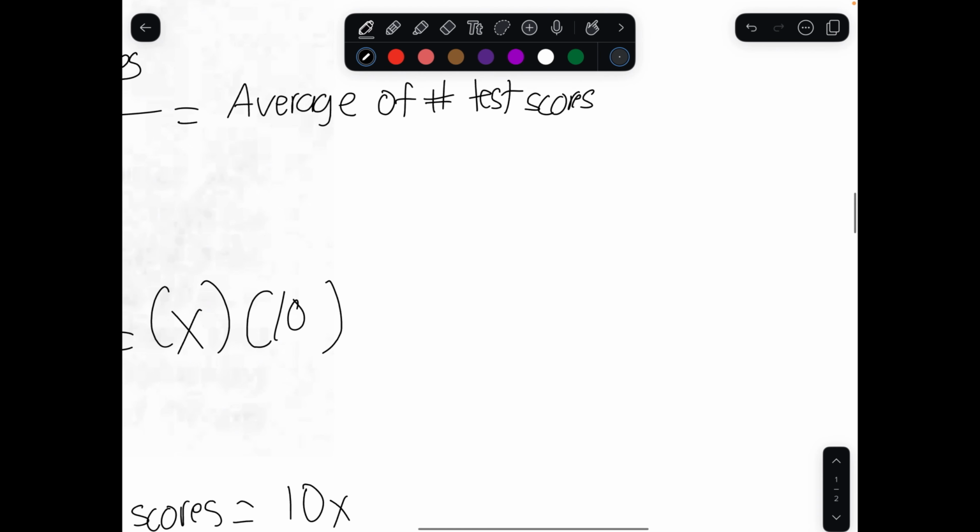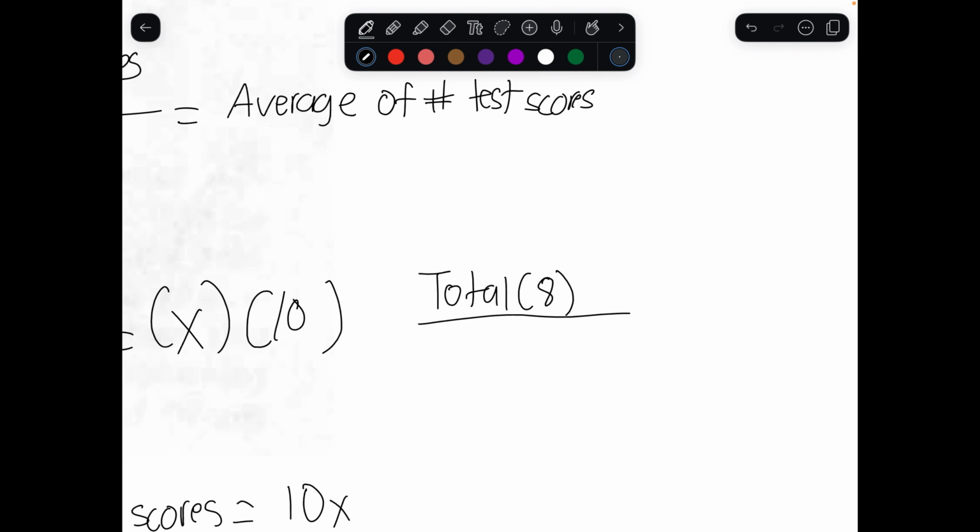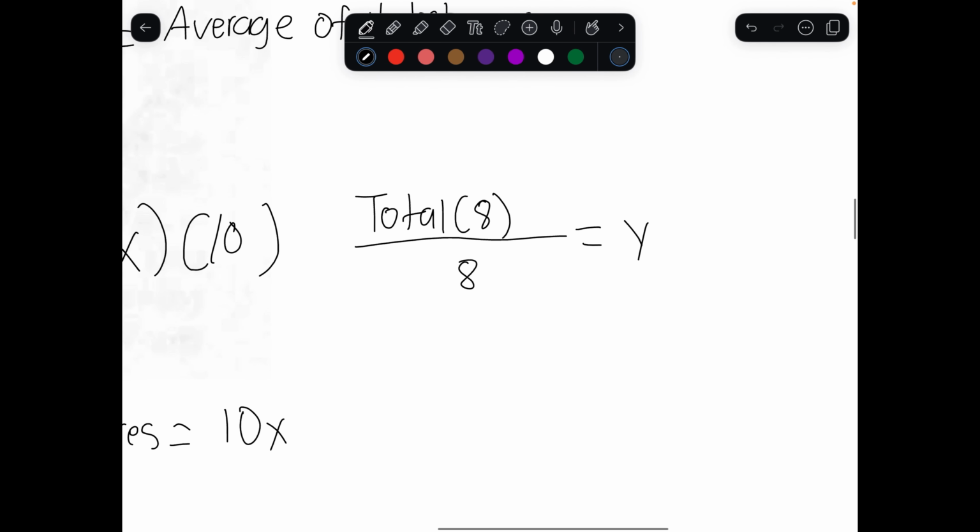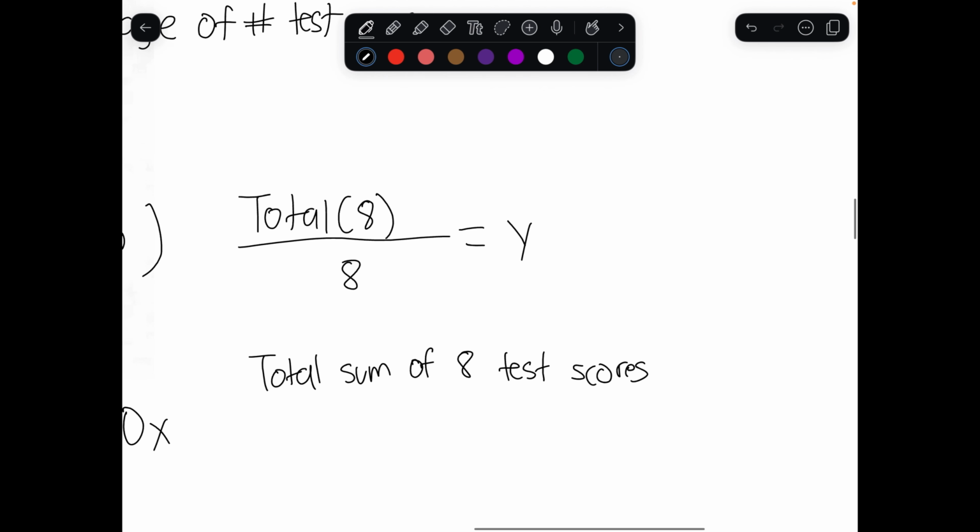So we have the total sum of 8 test scores, divided by 8 equals y. And same thing, we know that the total sum of 8 test scores is 8y, right?